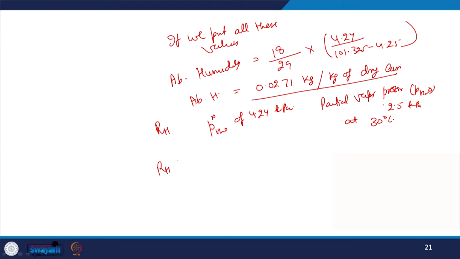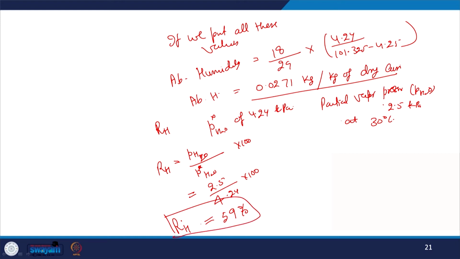If you recall the formula, the relative humidity is PH2O upon the equilibrium partial pressure of water, multiplied by 100. So if we put in the values, it comes out to be 2.5 upon 4.24 into 100, which is 59%. So the relative humidity will be 59%, and that is the desired answer.